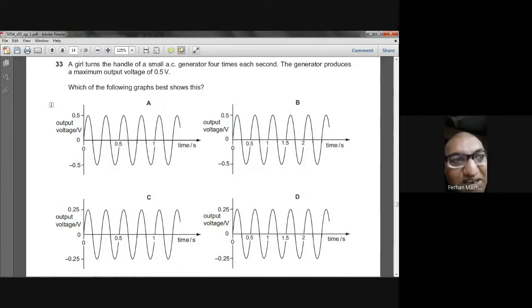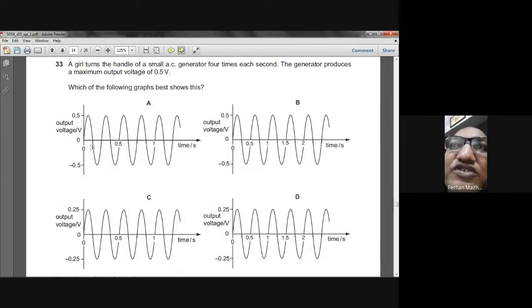The voltage is 5 volt, so the amplitude should be 5, positive 5 and negative 5. Let me check. So 1 wave, 2 waves, 3 waves, 4 waves.